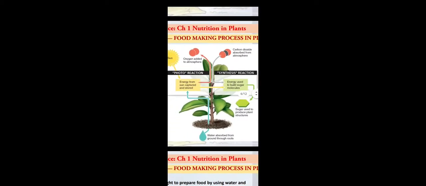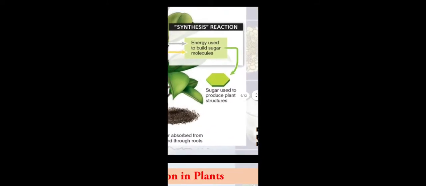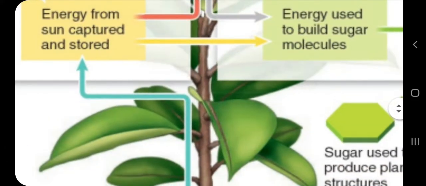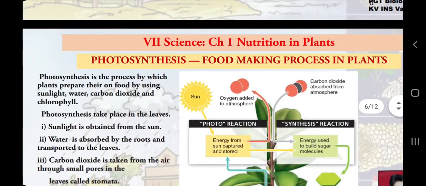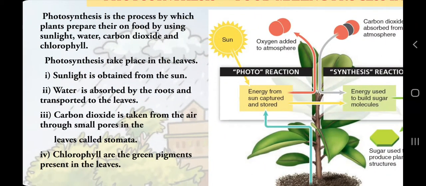This diagram clearly summarizes the process of photosynthesis: carbon dioxide is inhaled by the plant, sun energy is taken in by the plant, and then water is taken in by the plant, making sugars and producing oxygen gas. So let's read this description to have a better idea. Photosynthesis is the process by which plants prepare their own food by using sunlight, water, carbon dioxide and chlorophyll. Photosynthesis takes place in the leaves, we all know.